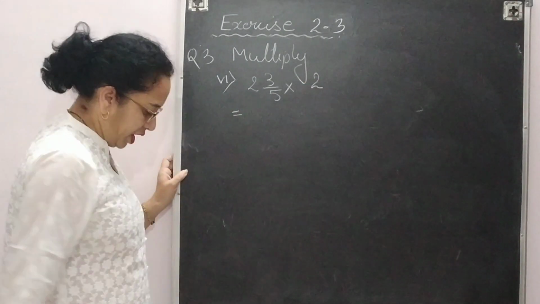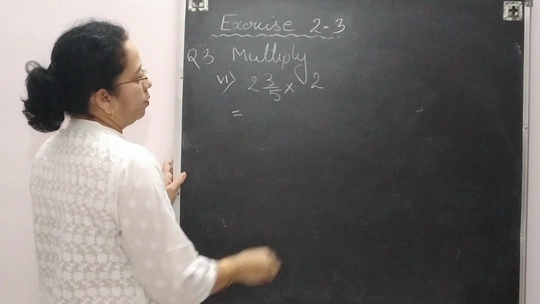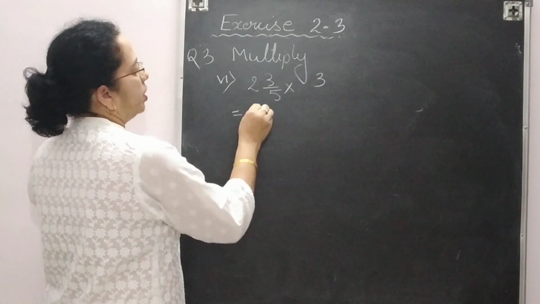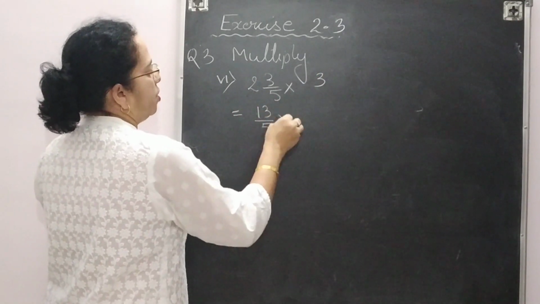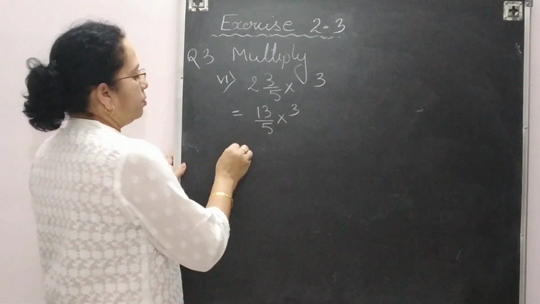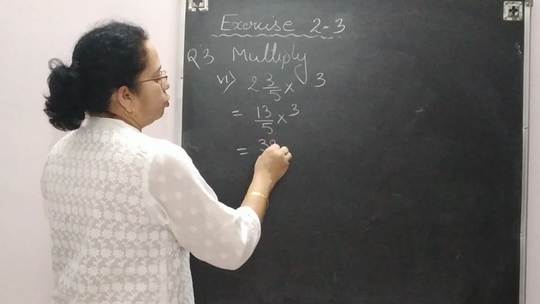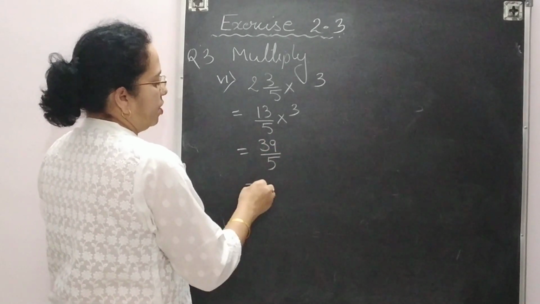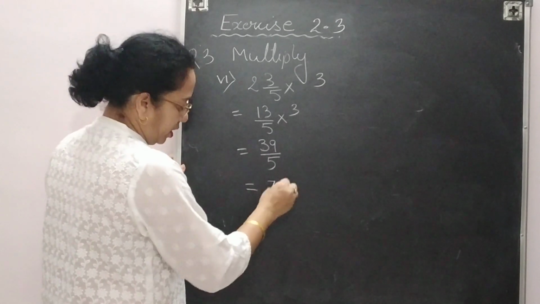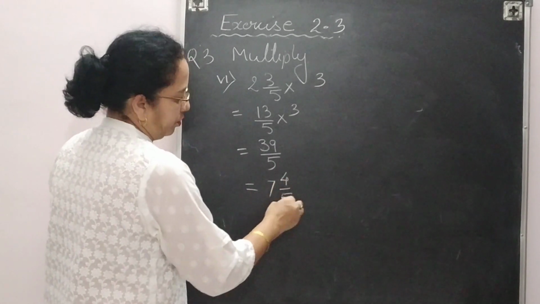Since this is mixed fraction, we will convert into improper fraction. 5 2s are 10 plus 3, 13/5 into 3. Again, we cannot cut the number, so multiply numerator with numerator. 39/5 and then convert into mixed fraction. So you will get 7 and 4/5.